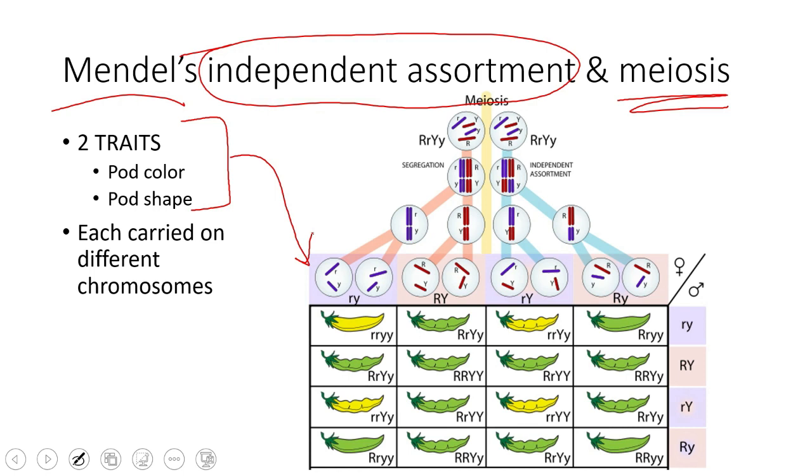And he really noted that there was different ways those could all combine, that you could get different combinations of those traits because each are carried on a different chromosome. That's what we know now. Do they line up with blue on the left and red on the right, or do they line up differently? And that is going to affect the outcome and how those traits are passed on and combine in offspring.